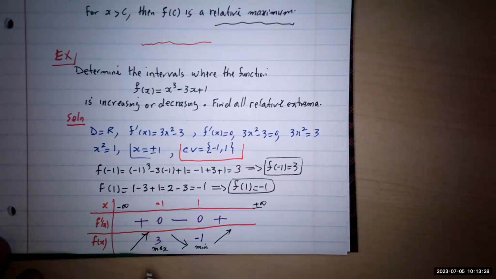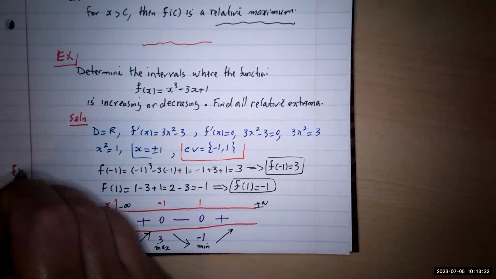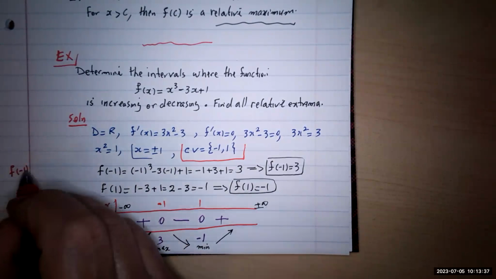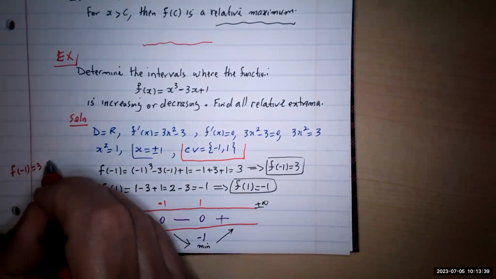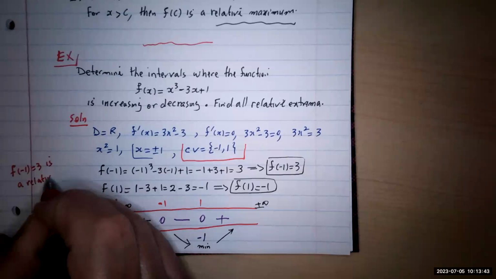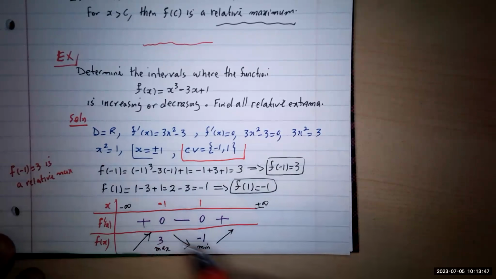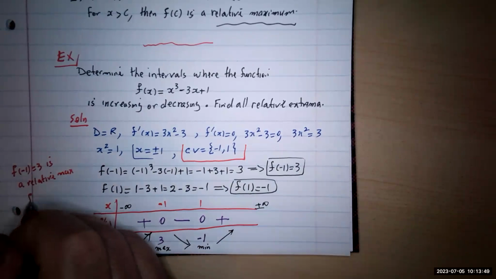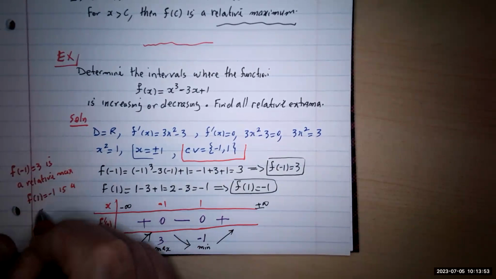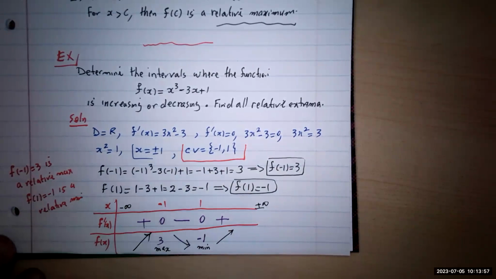So the explanation is that if you want to use a different method, fine, but I prefer this one. The conclusion is that f of -1 equal to 3 is a relative maximum. Then f of 1 equal to -1 is a relative minimum.